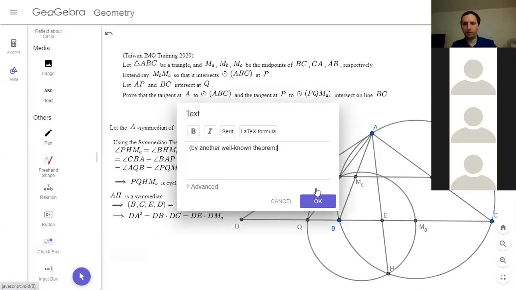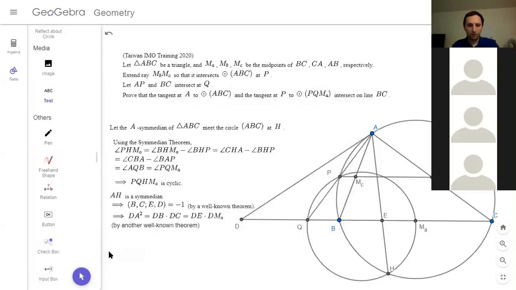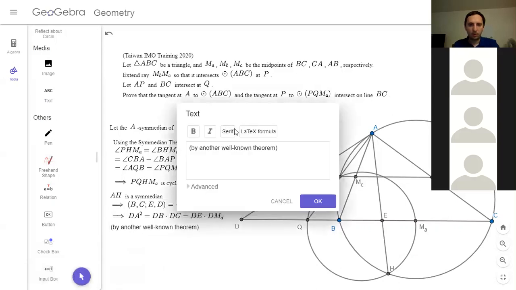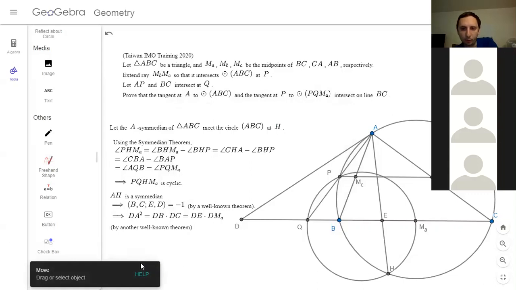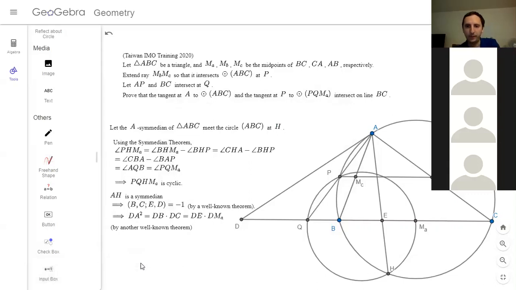And okay, then we want to show dP squared is dQ times dMA. But DP is a median in this triangle because P is the midpoint of AQ. So yeah, I'm just thinking about that. Maybe it might even help to draw a parallelogram here.